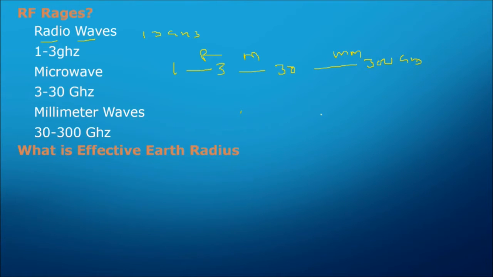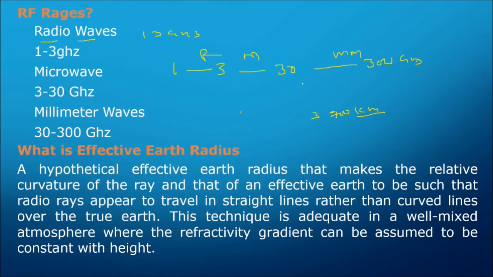What is effective Earth radius? Now you might have heard about Earth radius, that is around 3000, and we take it as 3700 kilometer, or actually it's 36 something, but for the ease of computation we take it as 3700 kilometer. So the hypothetical effective Earth radius makes the relative curvature of the ray and that of an effective Earth to be such that the radio rays appear to travel in a straight line rather than a curved line over the true Earth.